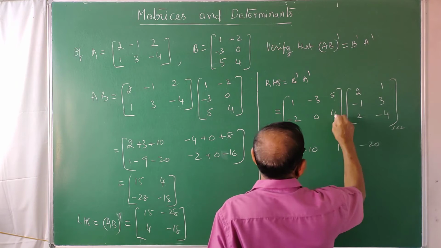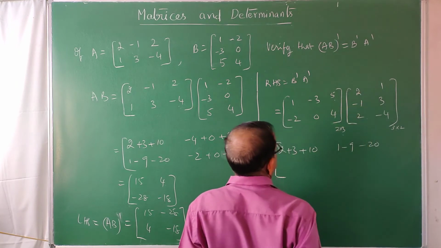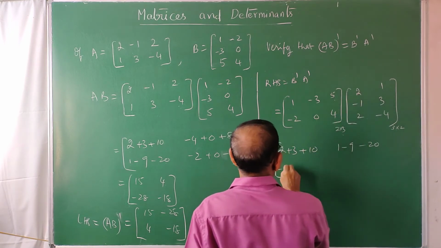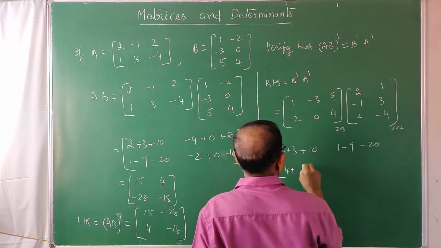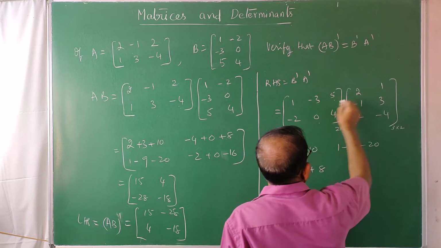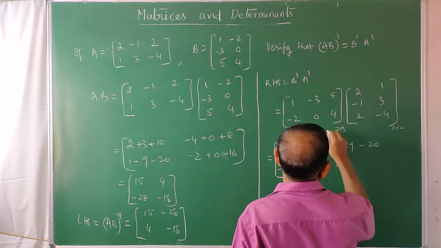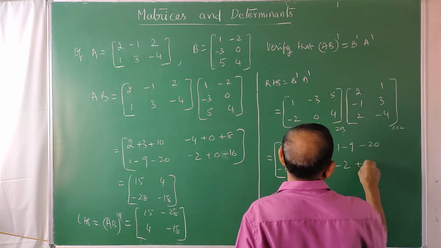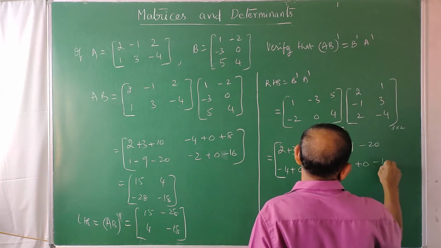Now multiply the second row with first column. Minus 4 plus 0 into minus 1, 0 plus 4 into 2, 8. Minus 2 into 1, minus 2, 0 into 3, 0 plus 4 into minus 4, 16.